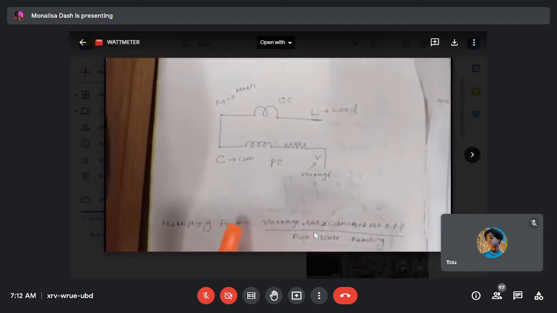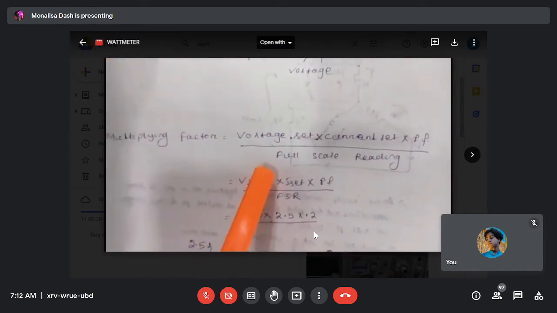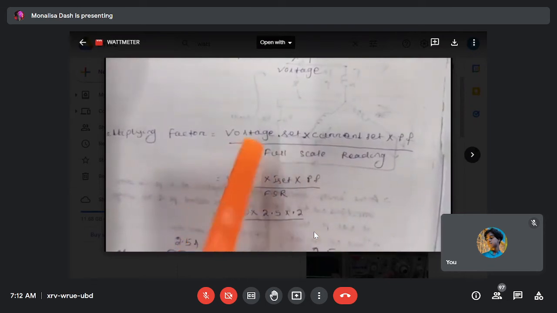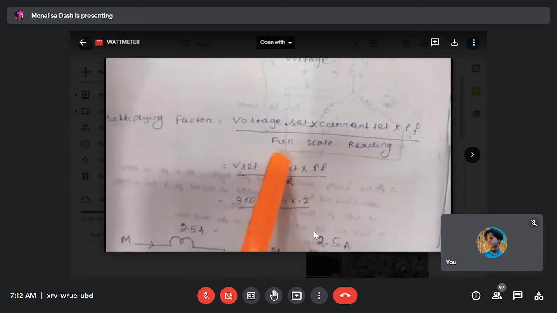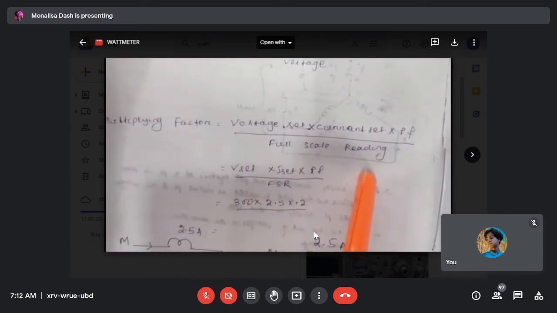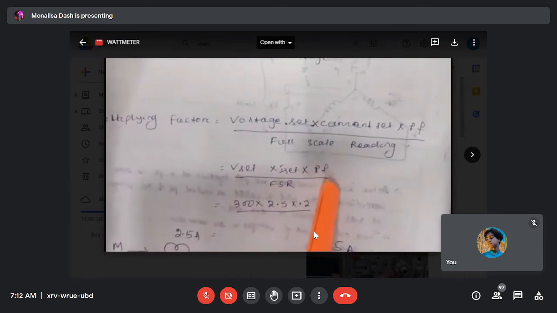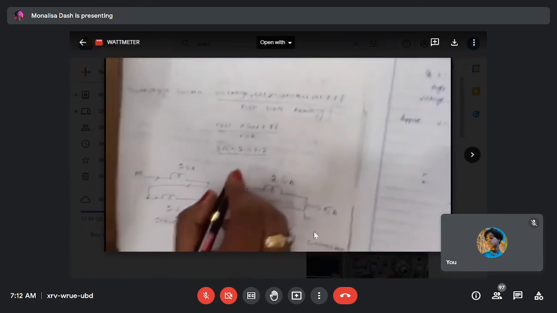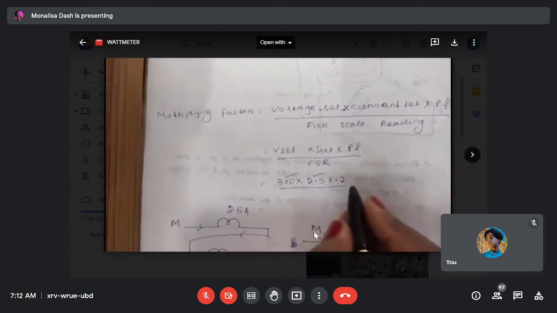The formula for the multiplying factor is calculated from the voltage set and current set: voltage set into current set into power factor divided by full scale reading. Suppose I am taking voltage 300 and current 2.5.